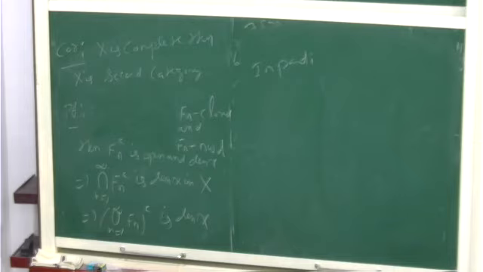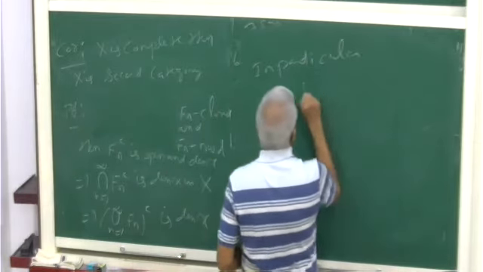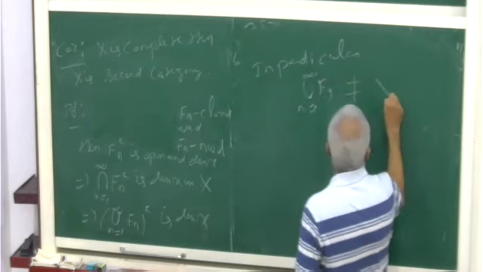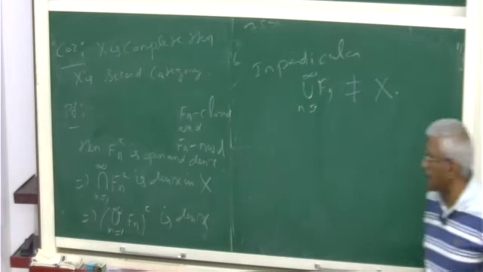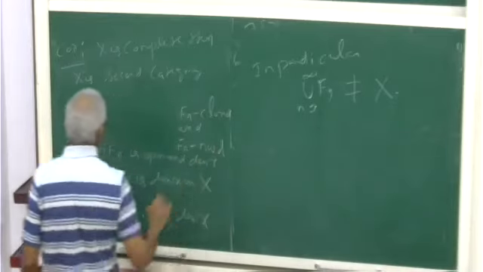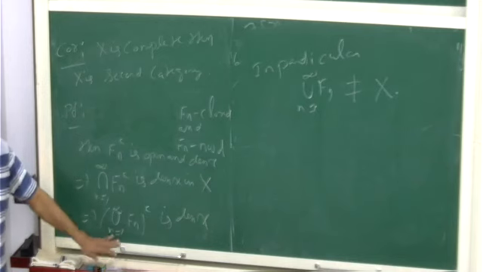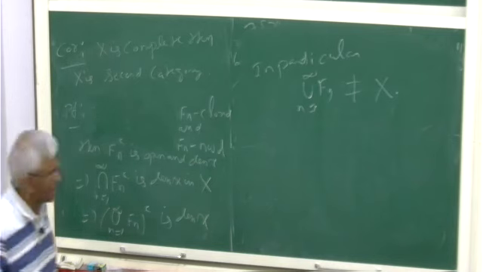Then these things are true. In particular, the union of Fn, n equal to 1 to infinity, is not equal to X. I start with Fn closed and nowhere dense. Then Fn complement is open and dense, so the intersection has to be dense. In particular, the intersection has something. Then this union cannot be equal to X. That's all. This is second category.